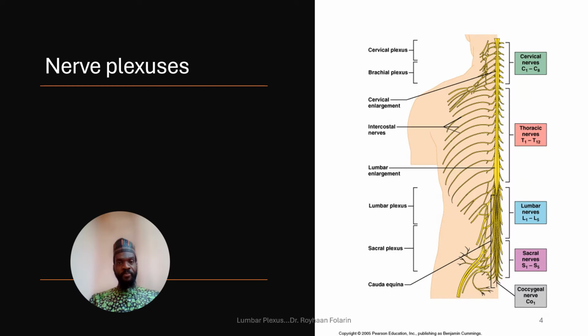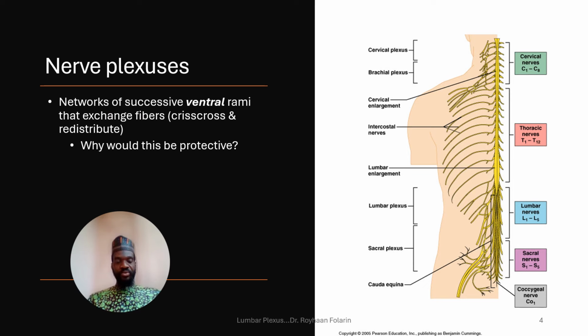So let's dive in. To set the background, a plexus refers to networks of successive ventral rami that exchange fibers by way of crisscrossing and redistributing around. Do you think this has something protective?